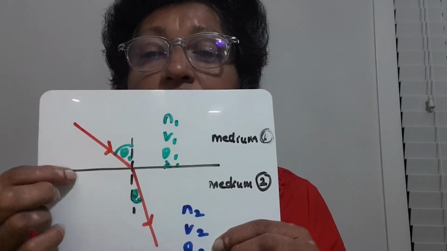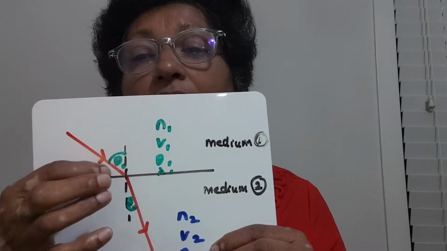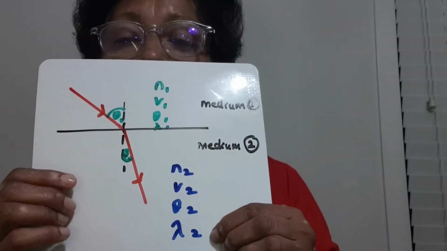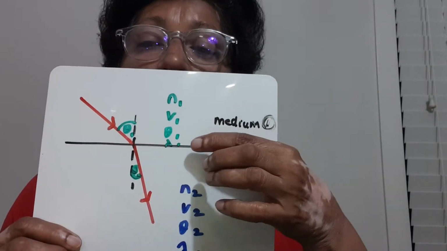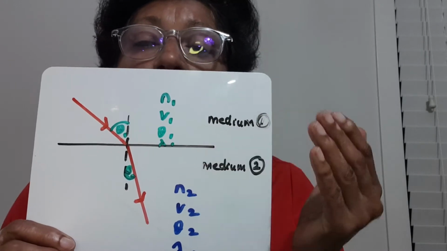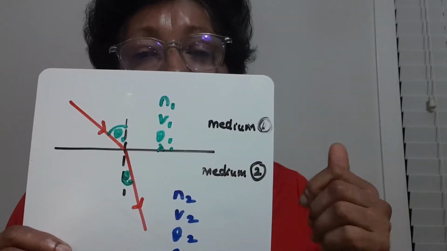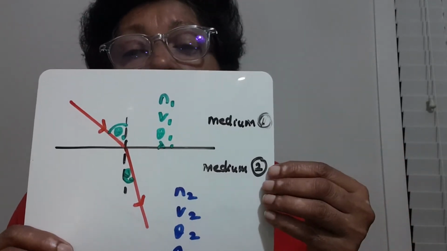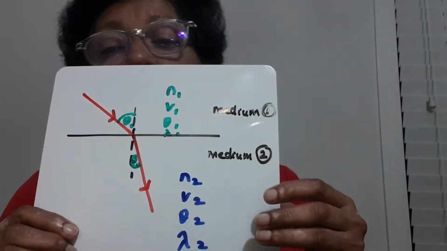They give you the angle between the interface and the wave, so you've got to do 90 minus that angle to get the other one. And the last one is the wavelength. The wavelength also changes. When you drew your diagrams, you saw that the waves get closer when it goes slower, and the waves get further apart, or the wavelength increases, when speed increases. So lambda 1 and lambda 2 are the two wavelengths.